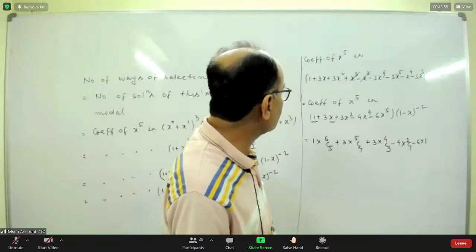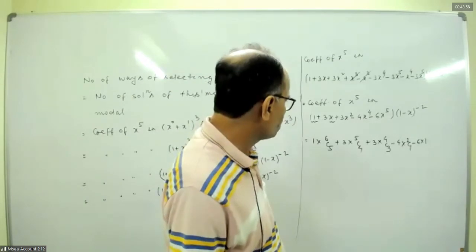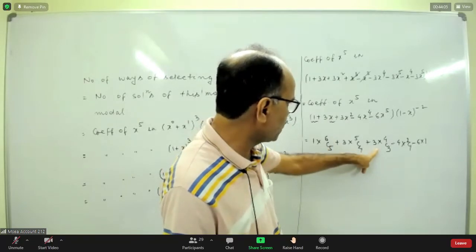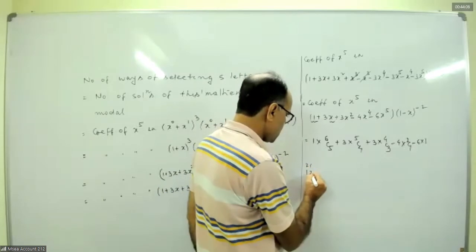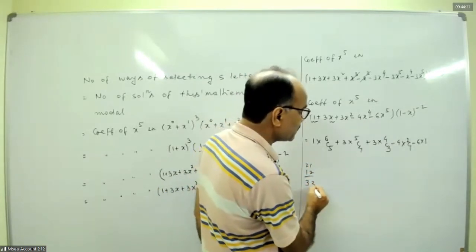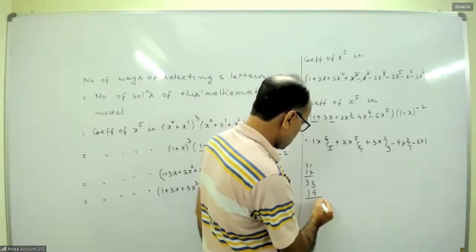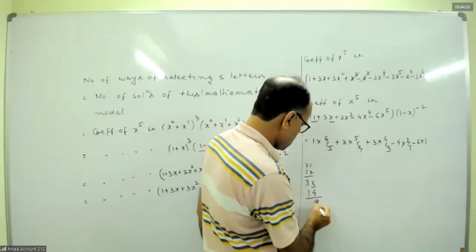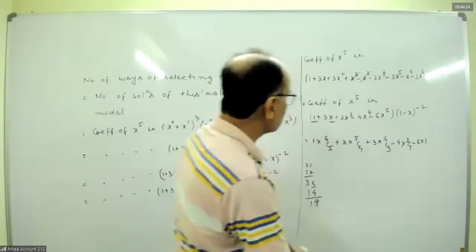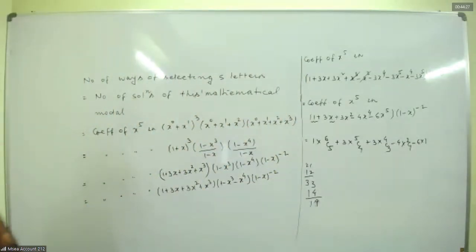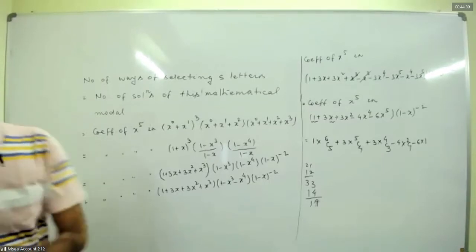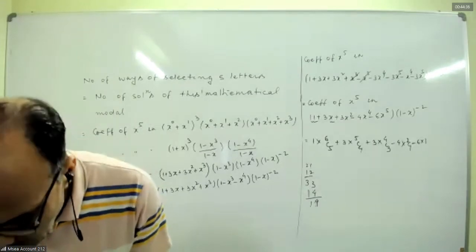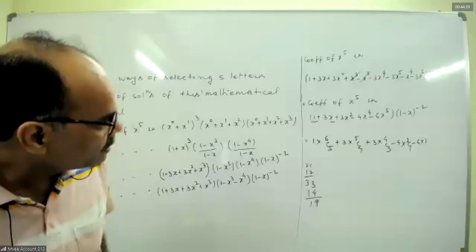Let's check once whether there's any mistake in the calculation. 5C3, 5C4, 15, 21, 21 plus 12, 33, 33 minus 14. Something went wrong. Is it 4 or 3, 5 or 4? Check once. With 1 we get 1, 3x plus 3x square, 2 times we will get multiplication.